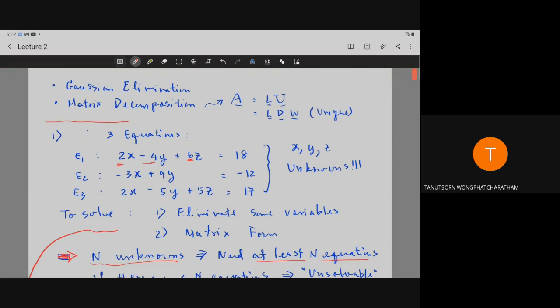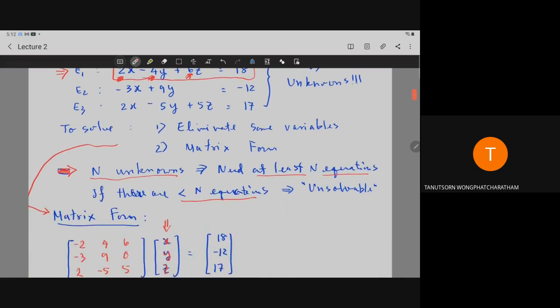If I go back to equation number 1, these are the coefficients that multiply with the unknowns, which are 2, -4, and 6, and the right hand side is equal to 18.